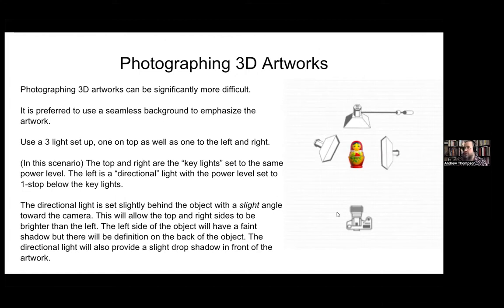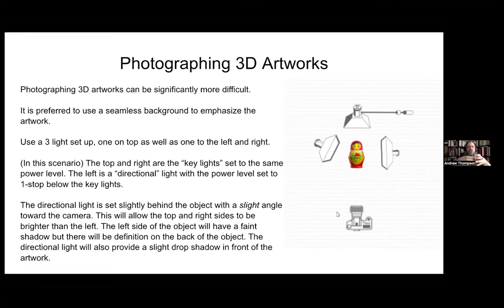That's what we're trying to do with this third light. You're giving a little bit of edge so that there's a definitive third dimension. You also push what I call a directional drop shadow that pushes a little bit forward.